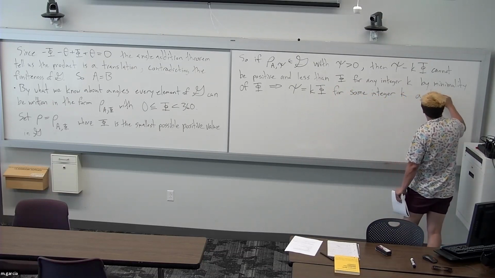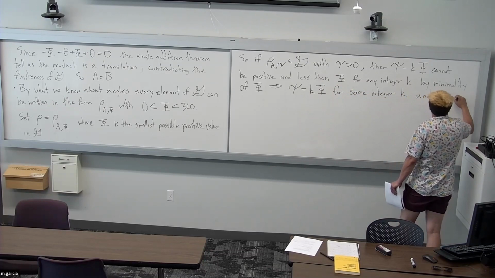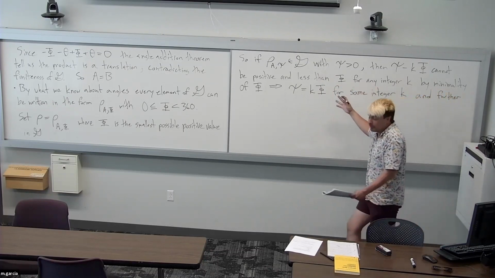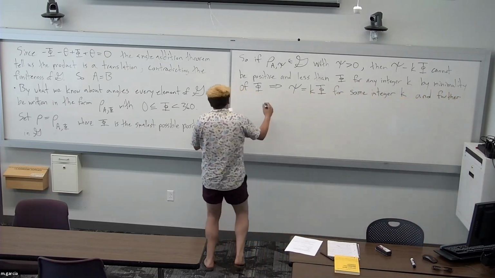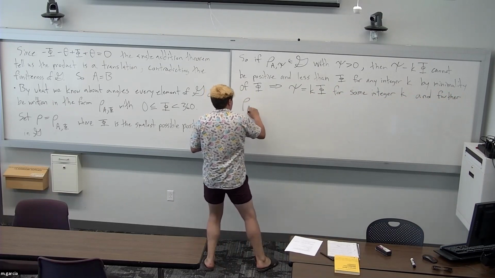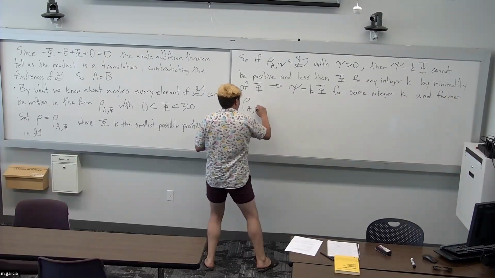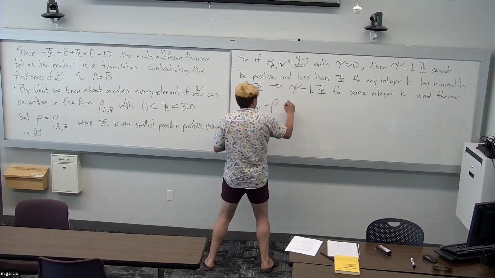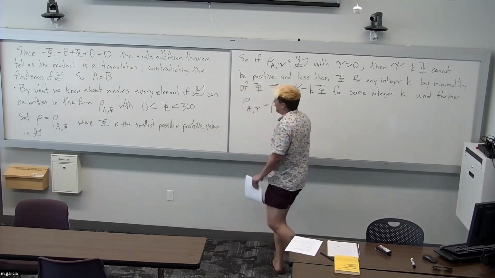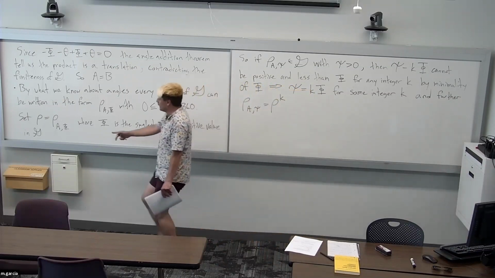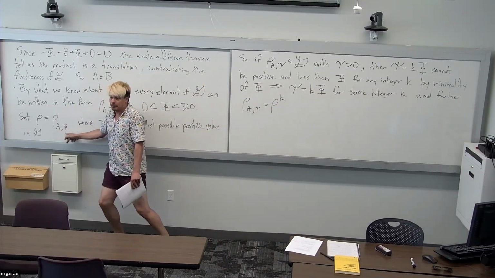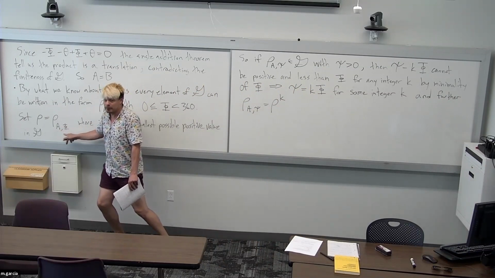And further, to express this in the group, all that means is that rho sub a psi is equal to rho to the k power, where remember I said rho equal to rho sub a comma the minimum phi.